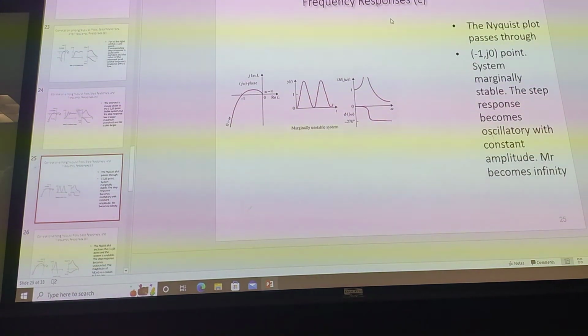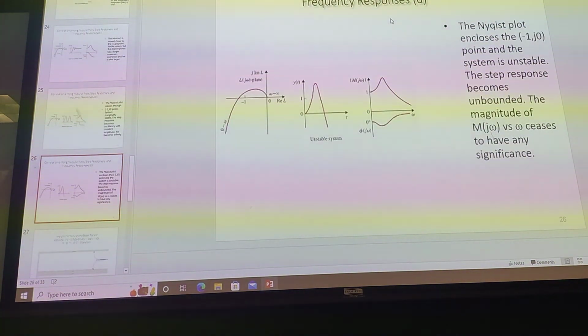When it crosses the point -1, it is an ideal oscillator, and the resonant frequency goes to infinity, as you know, theoretically with the oscillator. If it surpasses that point, then there is no meaning in talking about resonant frequency. That response has no meaning, and the step response goes to values that make the system unstable.